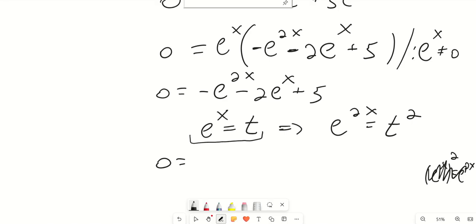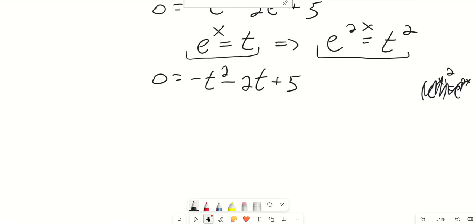Yeah, so this is again a reminder. But if I go back now to my term, I know that e to the power of 2x is t squared, so I have here negative t squared minus 2t plus 5. So it is a quadratic equation. Now I have to solve for t.